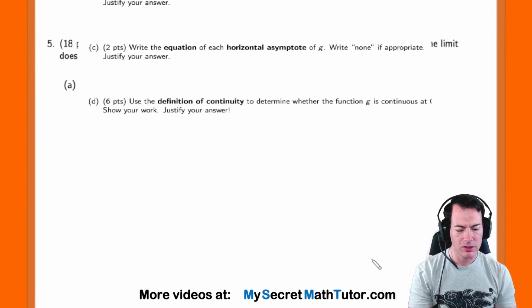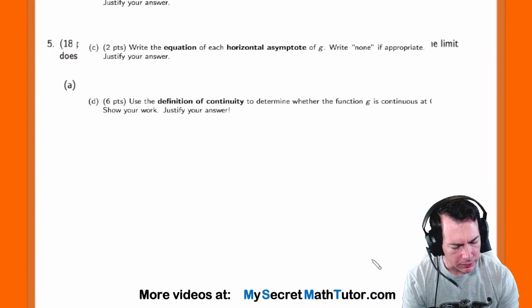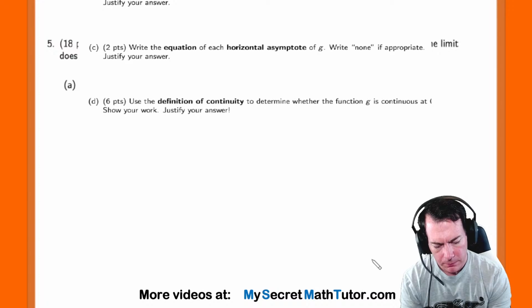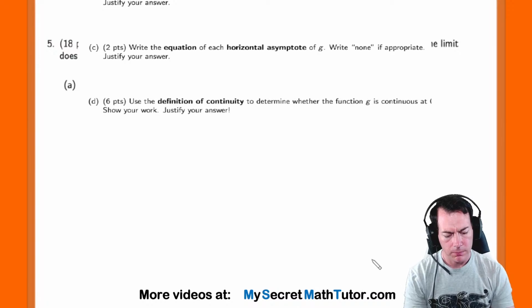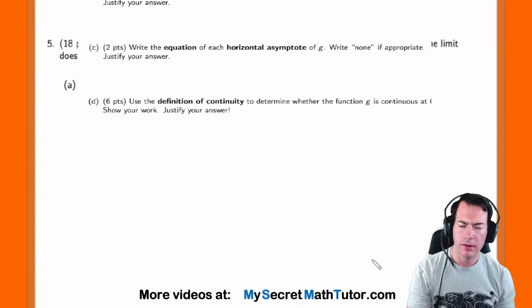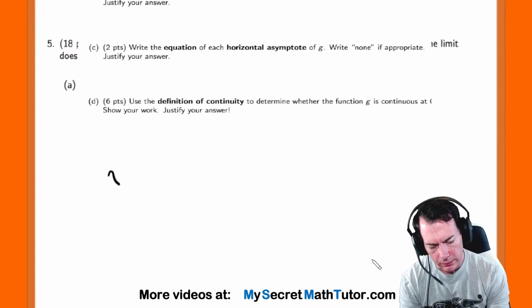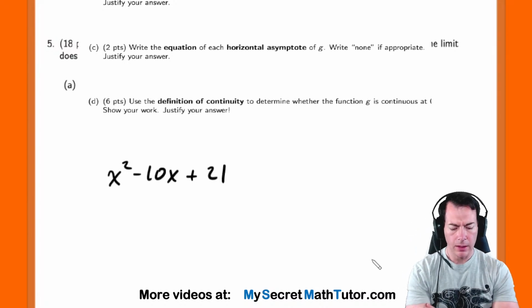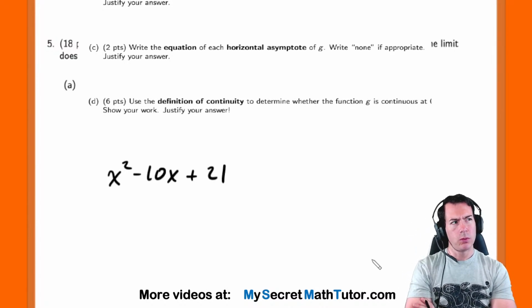We'll just try and use some algebraic manipulating as best we can. Part of me wonders if this thing will factor. So let's go ahead and play around with the top a little bit. x squared minus 10x plus 25 minus 4. So if that minus 4 is on there, then I guess we'd get a 21 on the end. What two numbers would give us a 21?